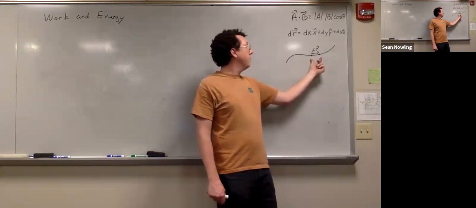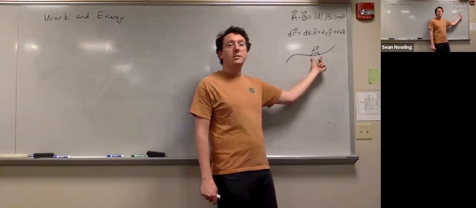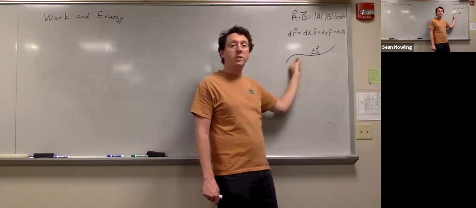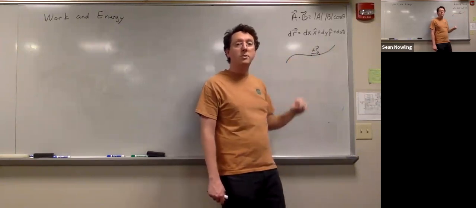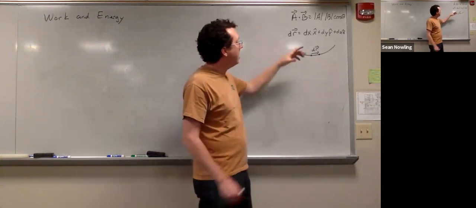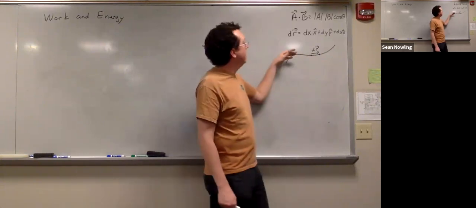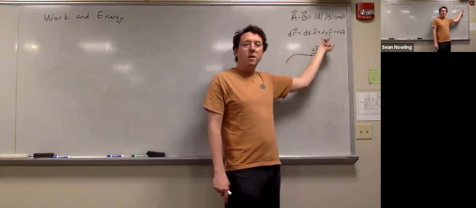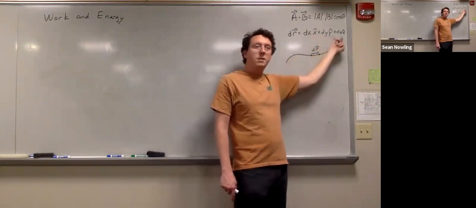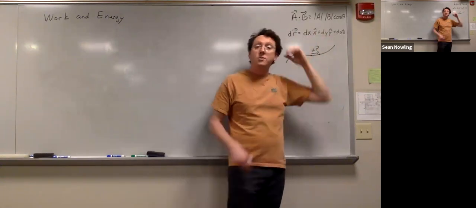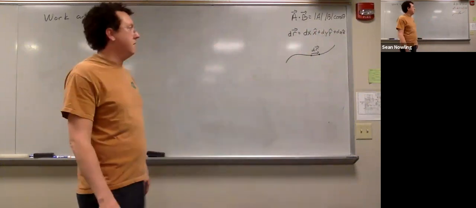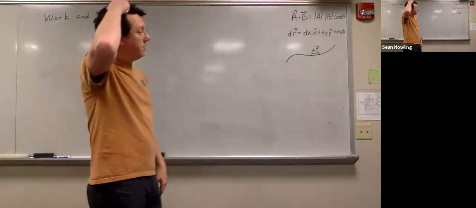So this is a little differential sized baby vector. It points along the curve, it's tangent to the curve. And if you were to write it out in 3D, it would be a little baby step in x times x hat plus a little baby step in y times y hat plus a little baby step in z times z hat. So it would be a mix of all of them if we were wandering around in 3D.